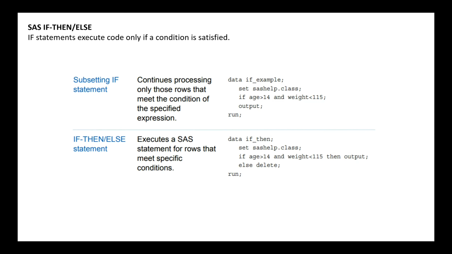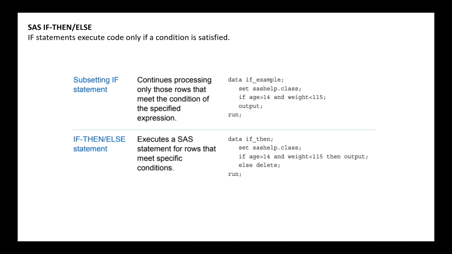Welcome to this part of the course. In this section, we are going to be looking into how we can use if, then, or else statements in SAS. The way if statements work is that they execute SAS statements or SAS code only if a particular condition is satisfied.